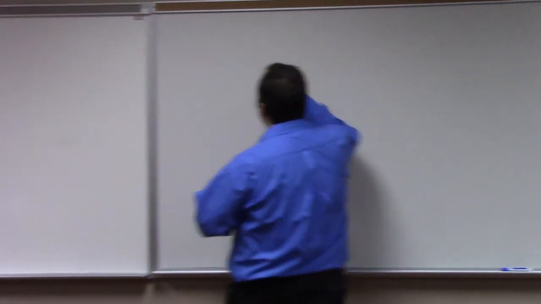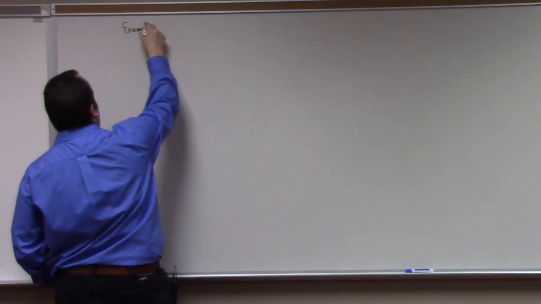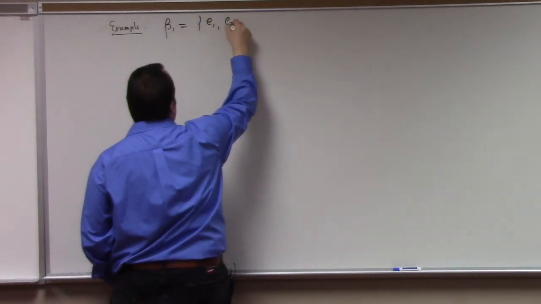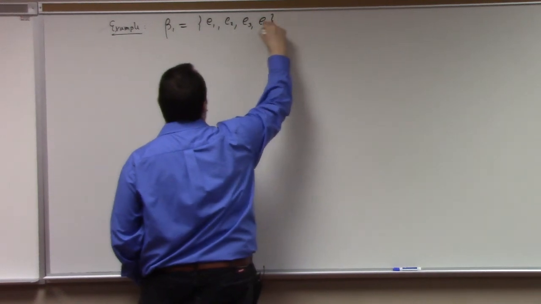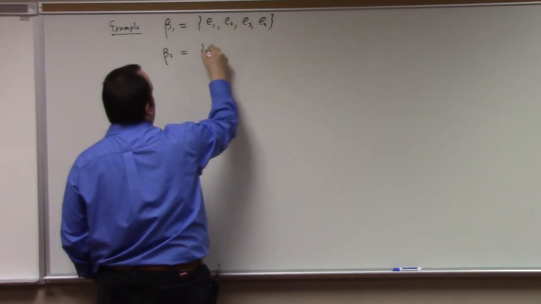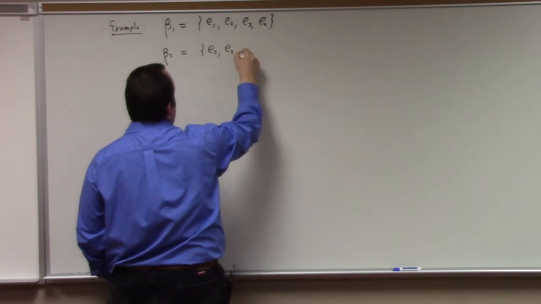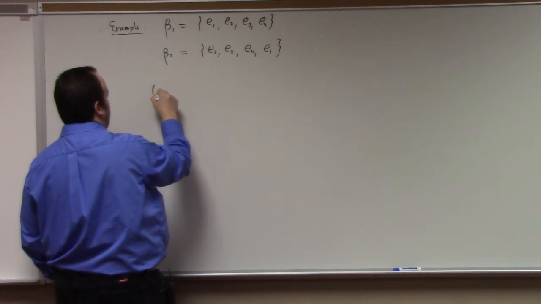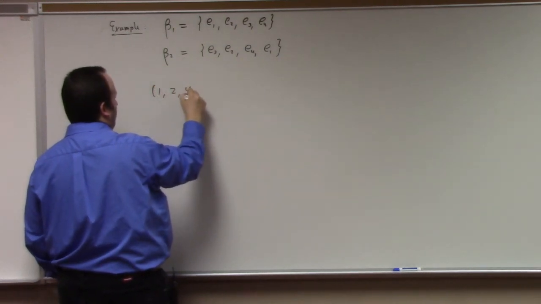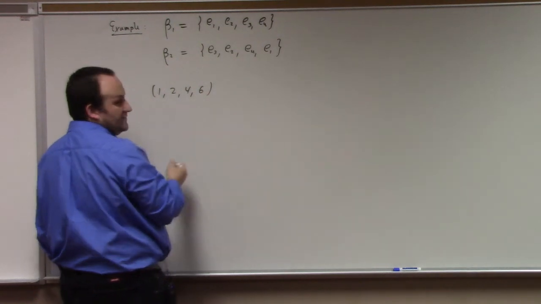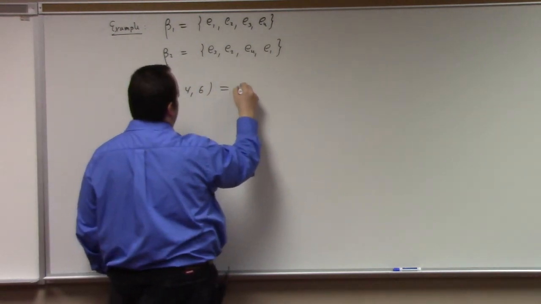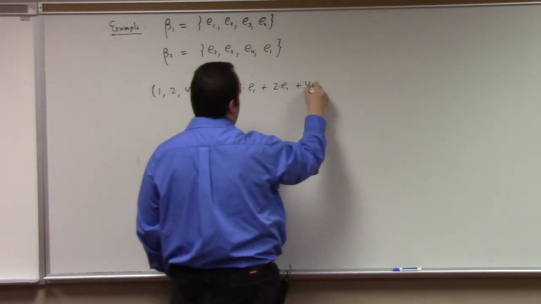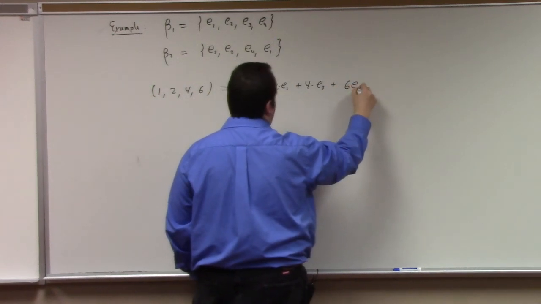For example, if we take beta 1 to be E1, E2, E3, E4, and beta 2 to be E3, E2, E4, E1, and I look at the vector 1, 2, 4, 6, for whatever reason, this is equal to 1 times E1, plus 2 times E2, plus 4 times E3, plus 6 times E4.